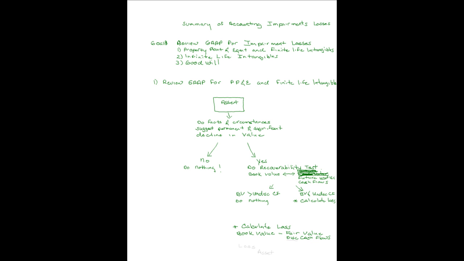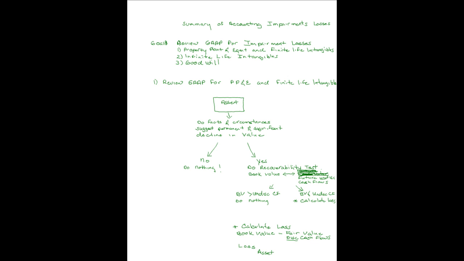If you don't know the fair value, but you're discounting the future cash flows, and you do discount them when you're on this step, you can discount your future cash flows and compare that to book value, but it's the discounted cash flows, not the undiscounted cash flows, and it leads to a journal entry where you recognize a loss and you credit the related asset that we've been looking at. So that's a summary of how to review the GAAP for property, plant, and equipment and finite life intangibles.